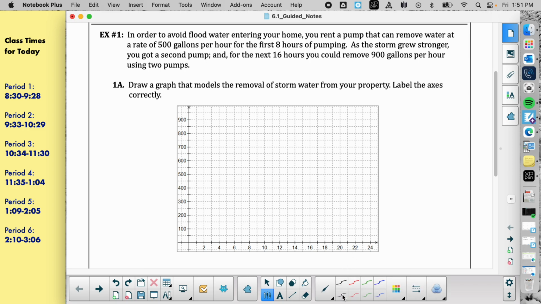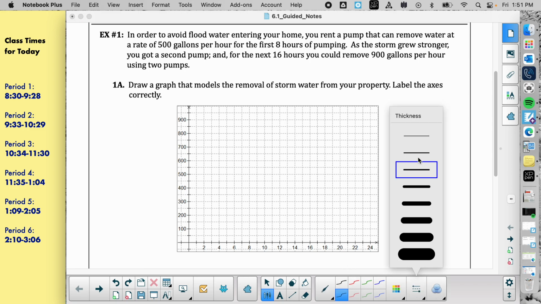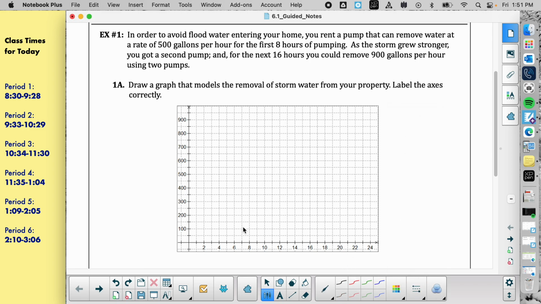So let's make the bottom axis about number of hours, because it's referencing hours in the problem. And then this graph is specifically about a rate of change function. So this is gallons per hour. Now, we've already done this this year.